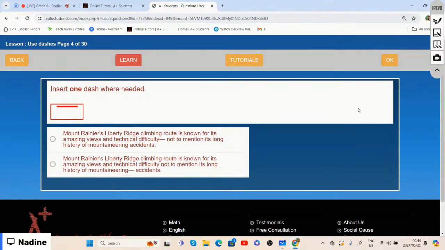Or is it option two, which is Mount Rainier's Liberty Ridge climbing route is known for its amazing views and technical difficulties, not to mention its long history of mountaineering accidents? We need to choose the correct option, option one or option two, where the dash is correctly placed.